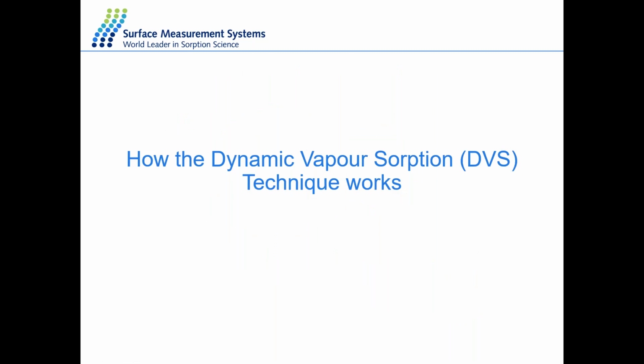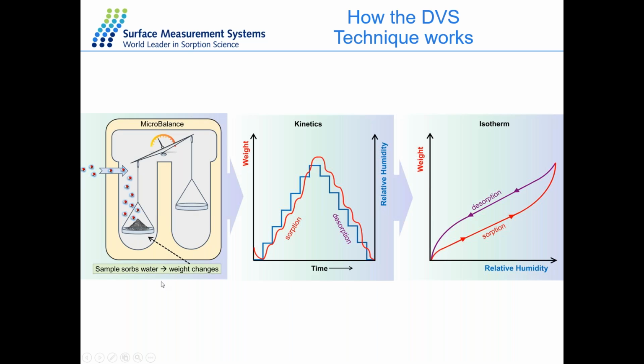The very simple procedure, if we picture a normal experiment of absorption and desorption, will have an initial drying stage in which we record the initial mass of the sample, and then we step up progressively the partial pressure or relative humidity. We measure the absorption, and then we reduce the relative humidity, and we measure the desorption.